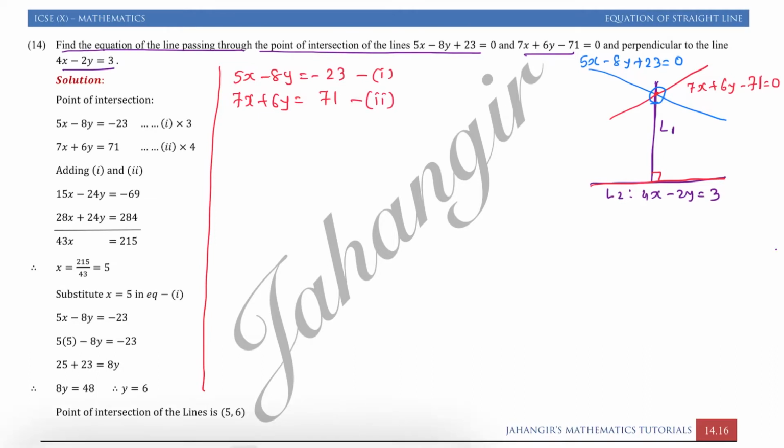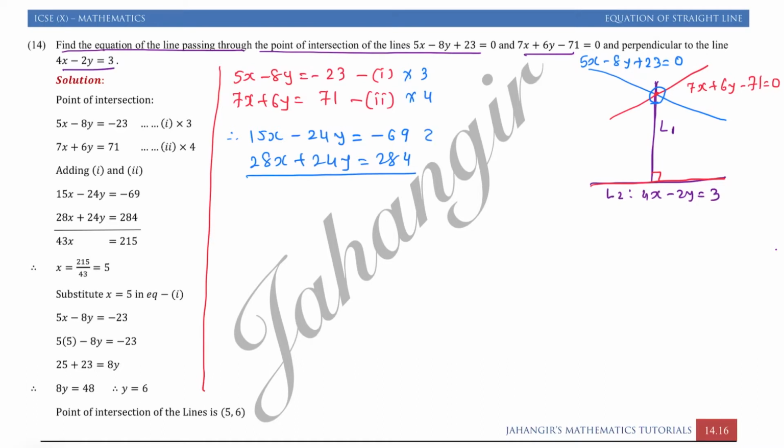So let us make the y coefficient the same. Multiply equation 1 by 3 and equation 2 by 4. Therefore we get 5 threes are 15x minus 8 threes are 24y is equal to minus 23 into 3, that is minus 69. In the same way, 7 fours are 28x plus 6 fours are 24y is equal to 71 into 4, that is 284.